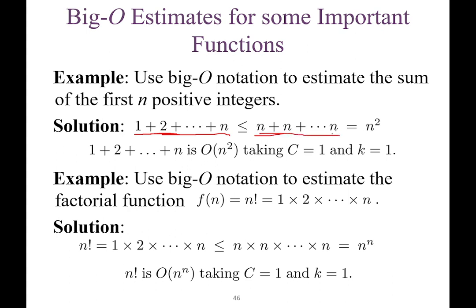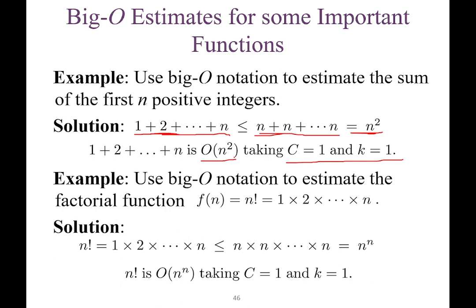There are a total of n different positive integers, so it equals n times n, which is n squared. So we have big O notation with witnesses k equals 1 and c equals 1. The sum of the first n positive integers is big O of n squared.